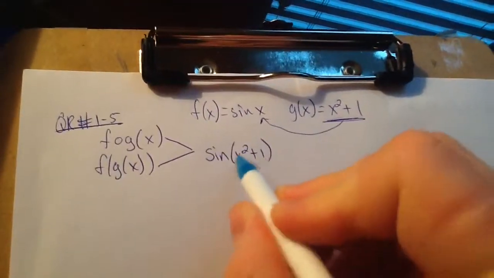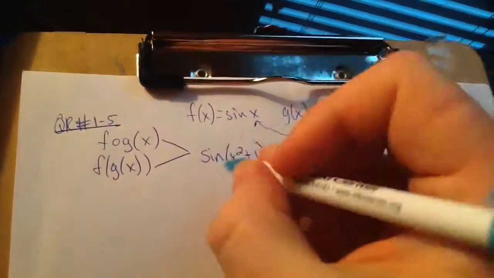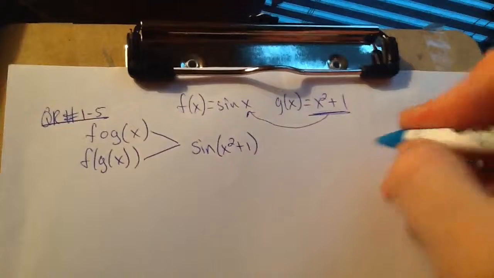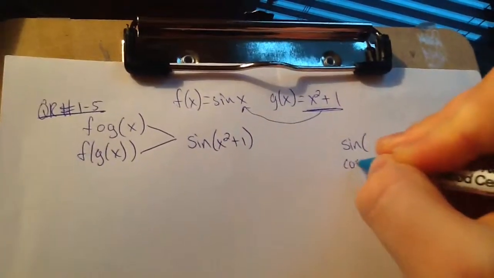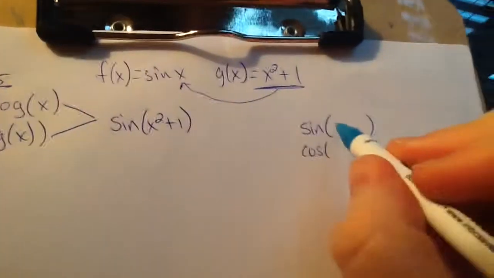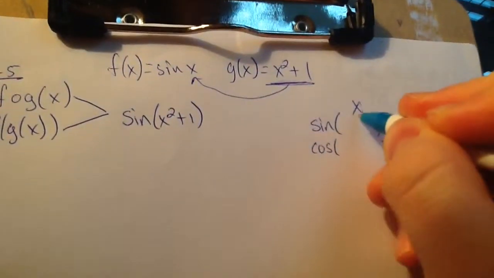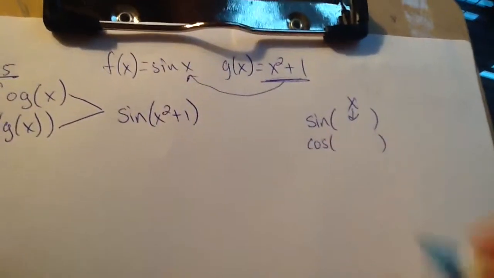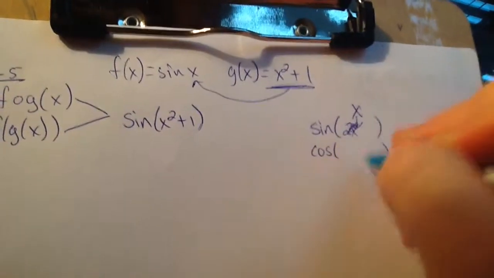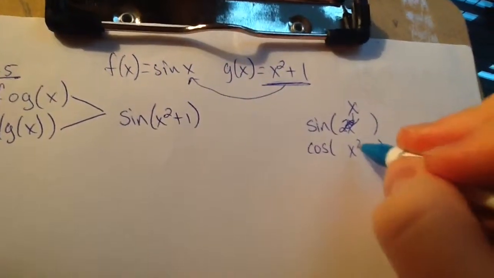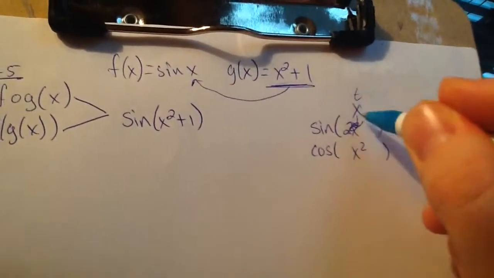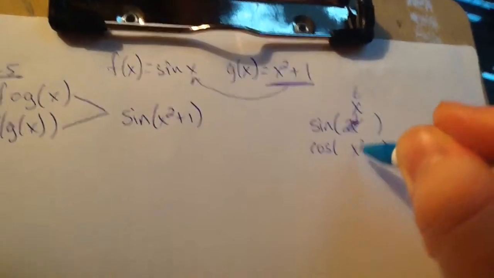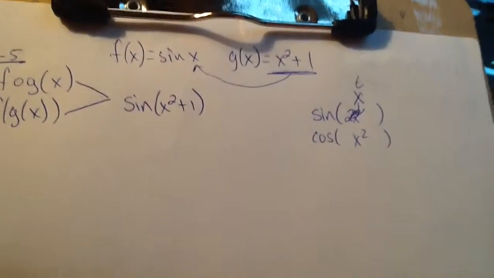Whenever you have sine, cosine, any of the trig functions, if there's anything more than just an x in there, then it's a composition. So if it's 2x, or x squared, or anything more than just an x, or it could be a t, whatever your variable is, anything more than a single variable inside there, you have a composition of functions.